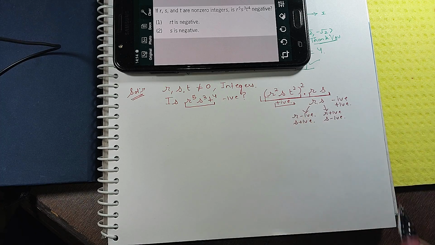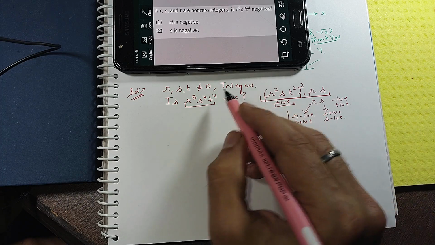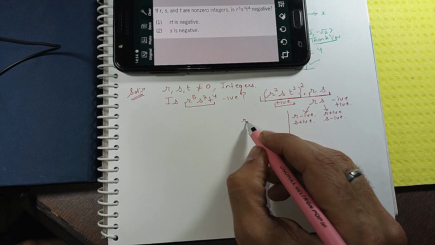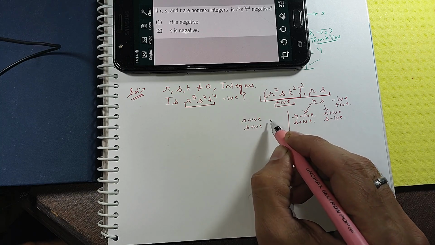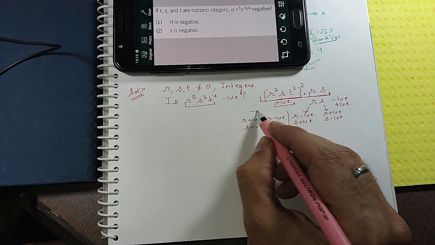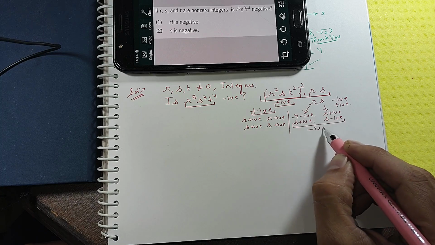In these scenarios, this can be negative, so these are the scenarios for the answer to be yes. The other options are R positive, S positive, and R negative, S negative. In this case, this expression will be positive, and this is for the whole expression to be negative.